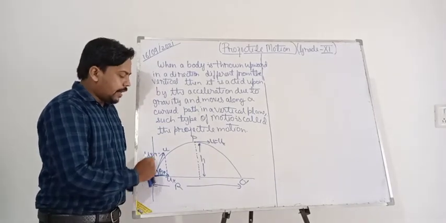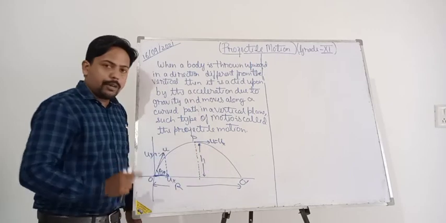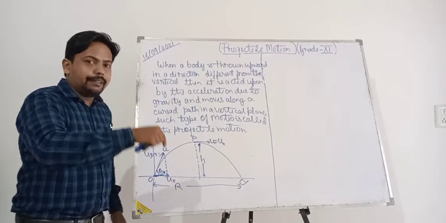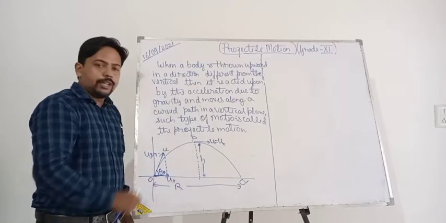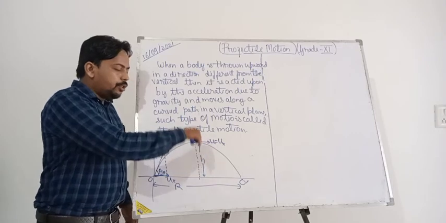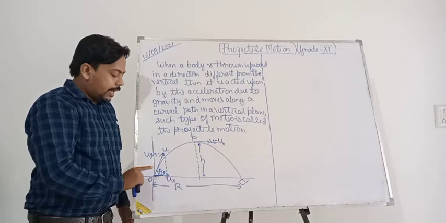So why is the particle following a curved path? Because there is always the acceleration due to gravity acting in the downward direction on this particle. At every point on this curve, the acceleration due to gravity is acting downward.